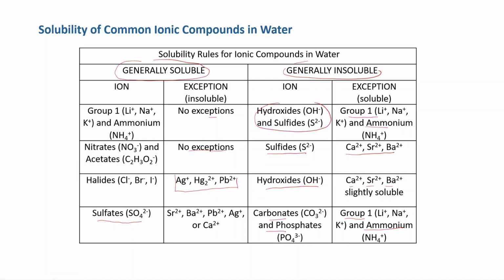How long before you forget? How long before you start second guessing? You can see lead appears many times in the exceptions. So is lead nitrate soluble? Don't guess. Don't try to remember. If your instructor allows it, use this table. Believe me, it's worth it.